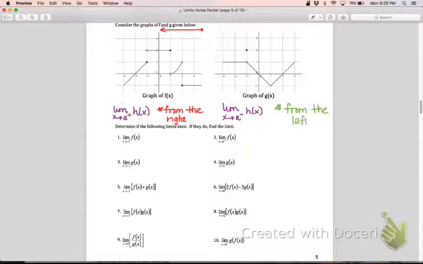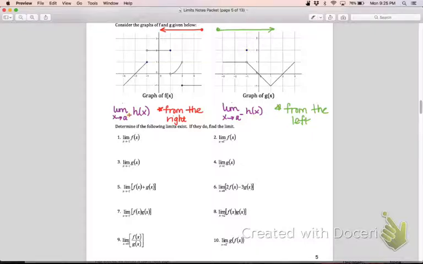So again, that means start on the left-hand side of the graph and move towards your x value from that side. Now we can do both of those things, like on the example I showed you. If it does not have the plus or the minus, that means you have to consider from both sides. Okay, so let's work through a few of these.